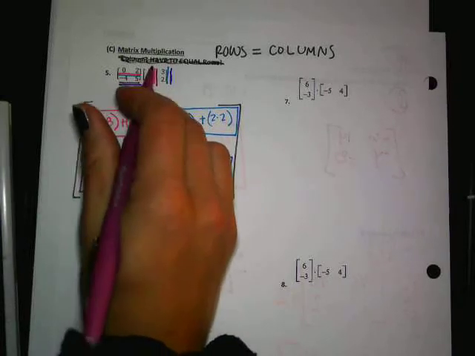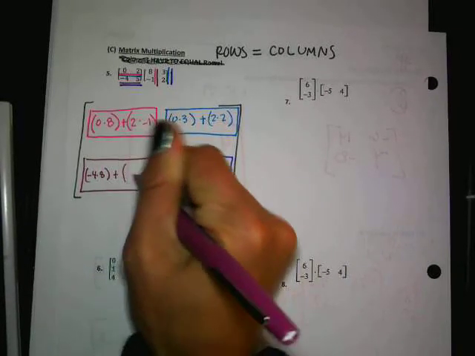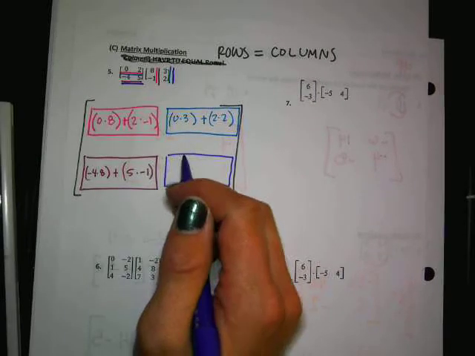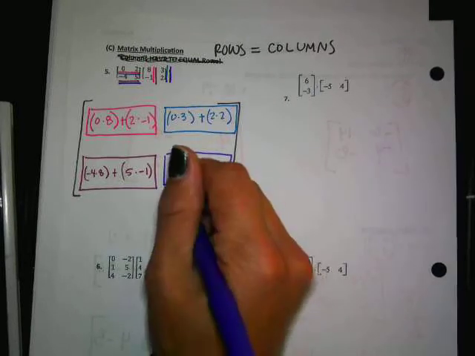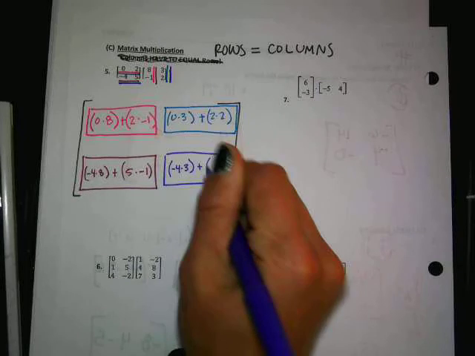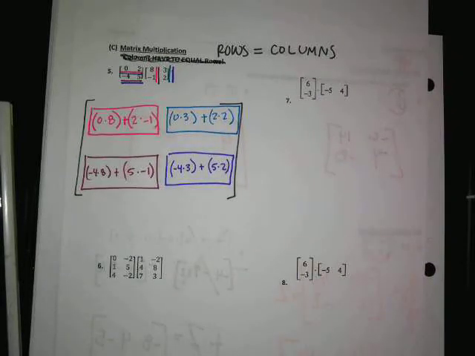So negative 4 times 8, and then 5 times negative 1. All right, and then what two numbers am I going to multiply for this last one? Negative 4 times 3 plus 5 times 2. All right, so that's the hard part, setting it up.